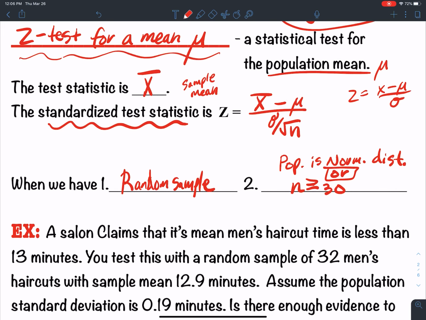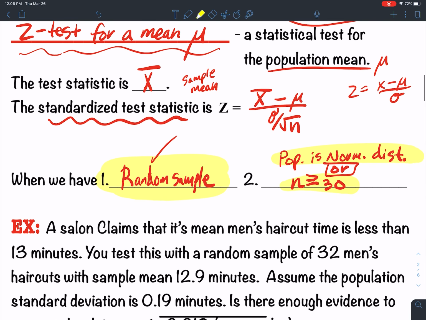Those are your keys to the Ferrari. Every problem you work in here is going to be a random sample, so that's given to you for free. But you have to check: is it normally distributed, or is n greater than or equal to 30? If not, then you can't work the problem. Some of the problems in your homework will be like that, where the conditions aren't satisfied and you just can't do the problem.